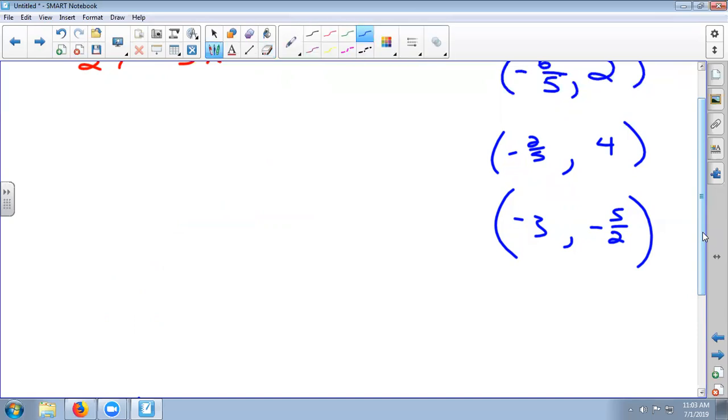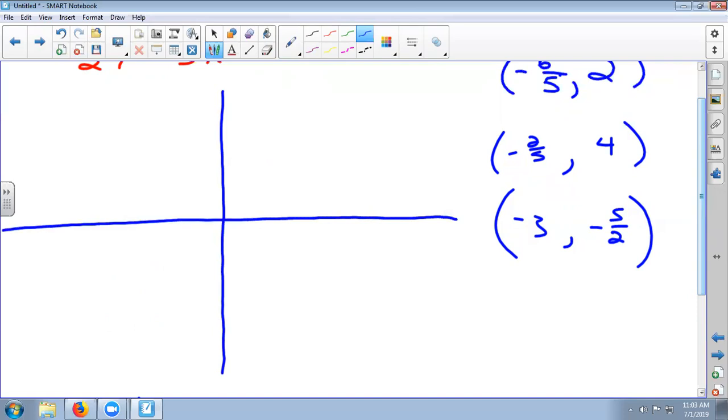Very tediously draw this Cartesian plane. I'm not going to go any higher than 4 because none of our numbers go higher than 4. I'm going to make these relatively large. Because I have fractions, I need to put in between here.